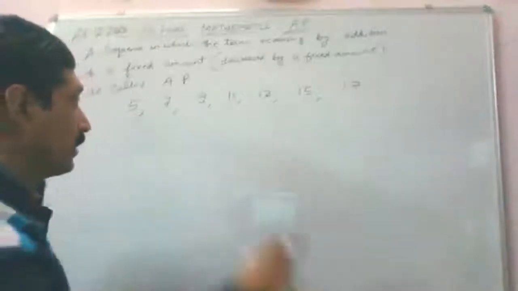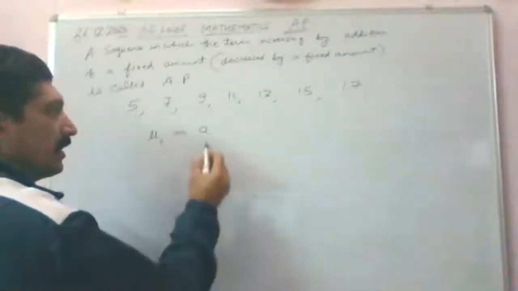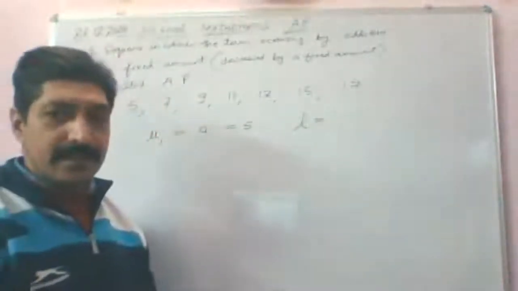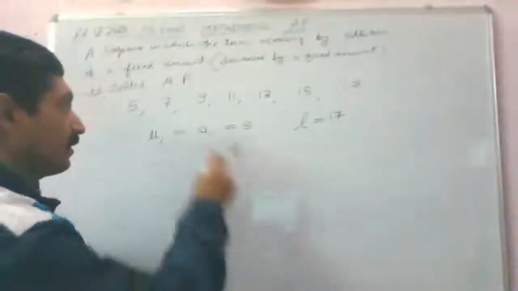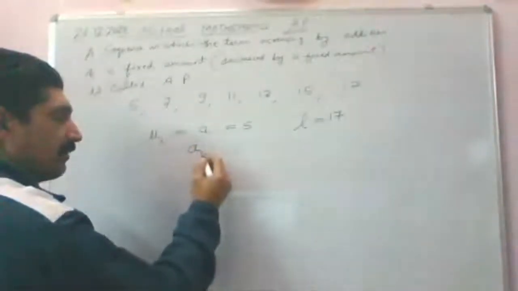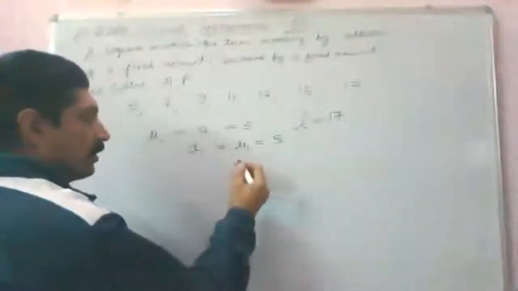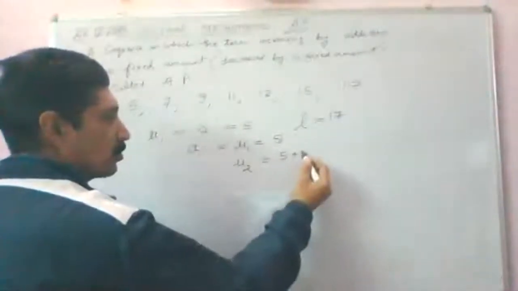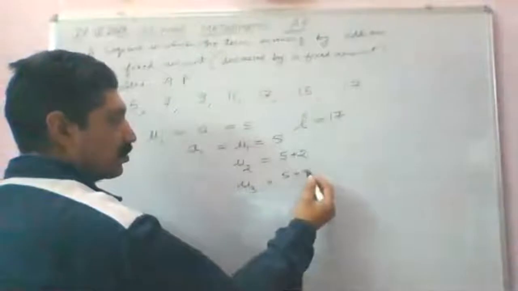So here the first term we have denoted as u1, or we are also writing it as a1 or a. So here a is 5. And what is the last term? Last term here is 17. So we can write a1 or a, or even u1, whatever you prefer, the first term u1 is equal to 5. u2, the second term, is 5 plus 2, right? u3, the third term, is 5 plus 2 plus 2.